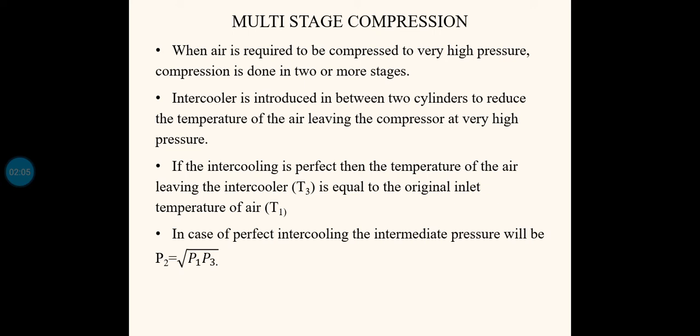So before feeding this air into the second stage of compression, we will be cooling that air. That is the purpose of the intercooler. Actually it is a heat exchanger. So the air compressed within the first stage cylinder passes through the heat exchanger to reduce the temperature of the air. That is what is known as the intercooler.